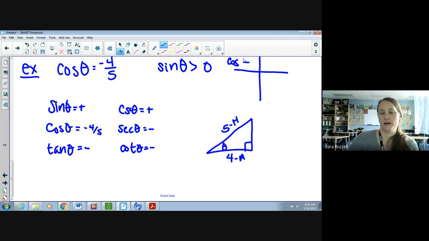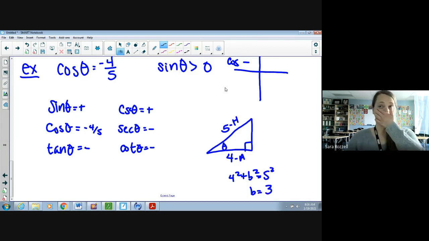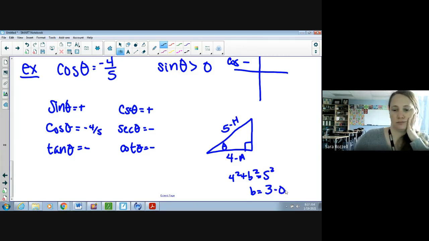We do our Pythagorean theorem. And b is going to equal 3, because it's our one that we do all the time, but you could write it out and figure all that out. So this value is 3 that we found for our opposite. Now we just fill it all in.